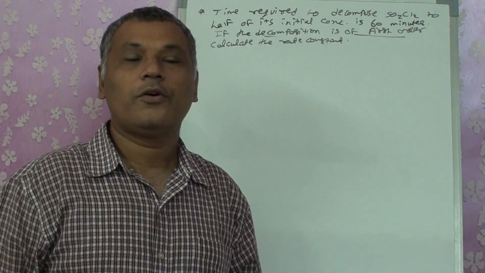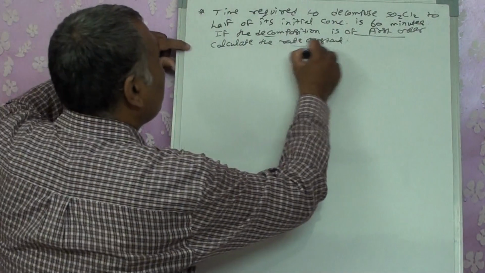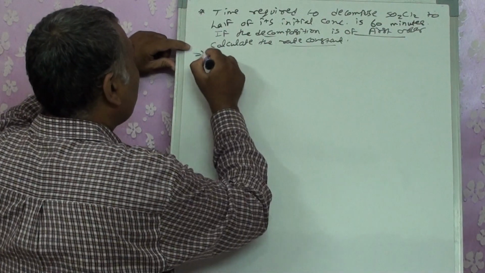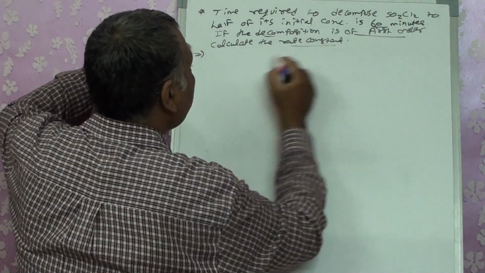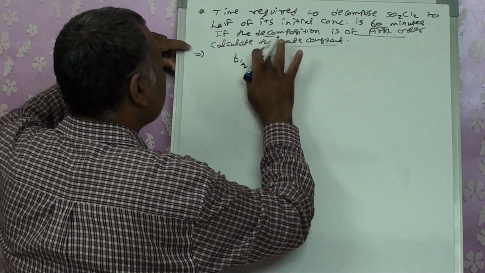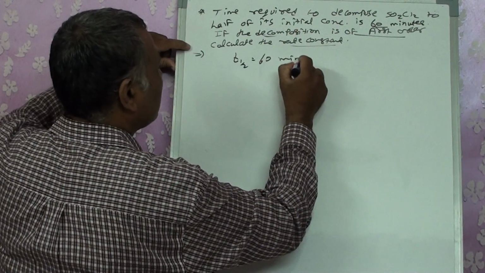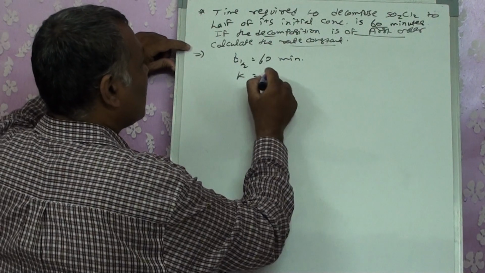Rate constant is being asked. Now half-life is given to us, t half is 60 minutes, and k has been asked.